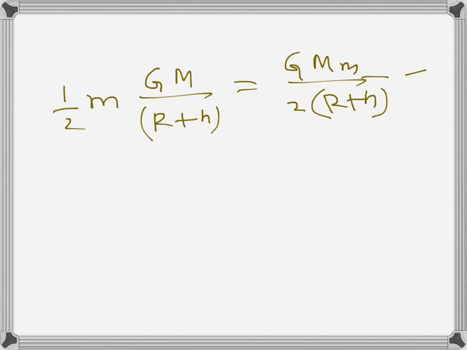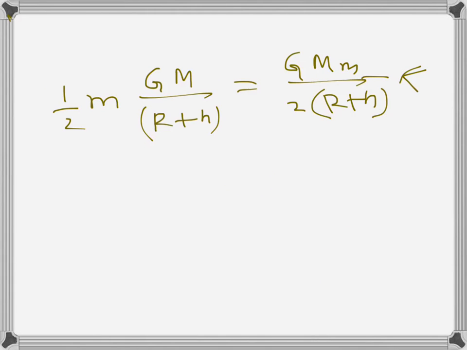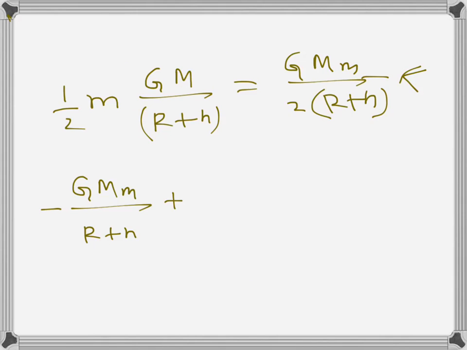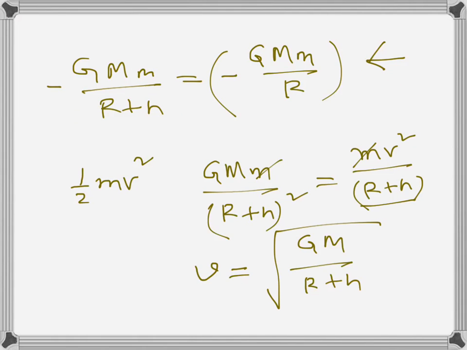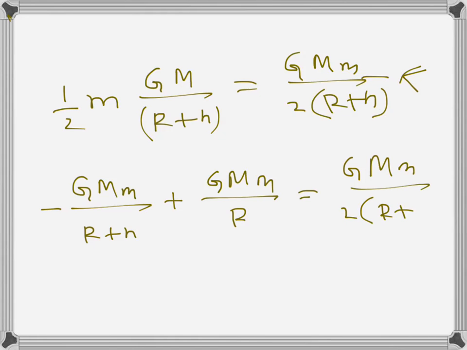So this energy will be equal to that energy. I will rewrite it: GMm over R plus H, minus becomes plus, because there was a minus outside and a minus inside when getting rid of the bracket, so plus GMm over R, equals GMm over 2 times R plus H.